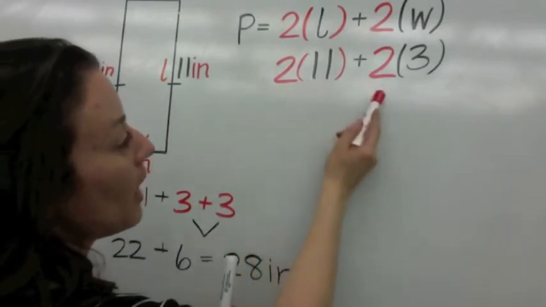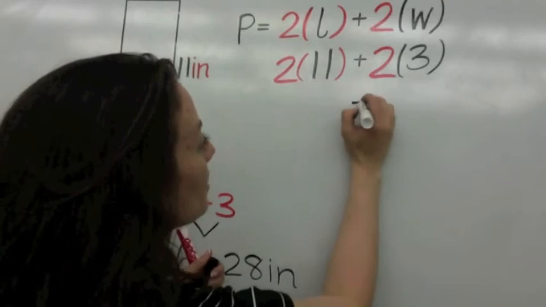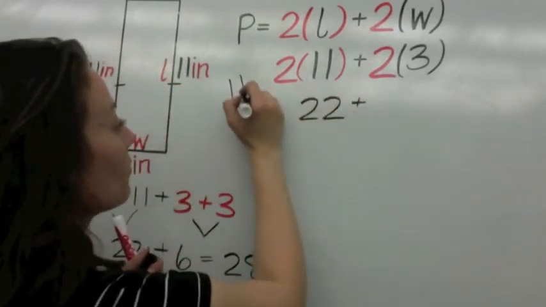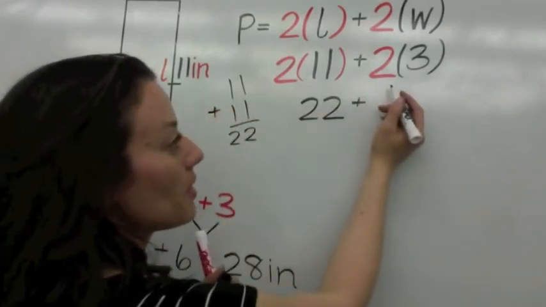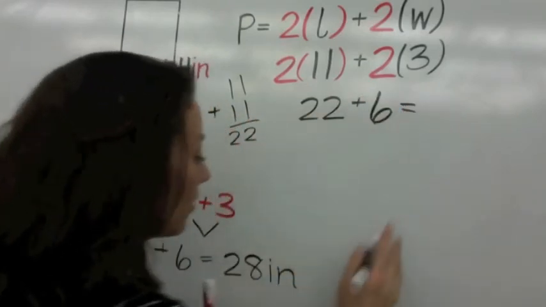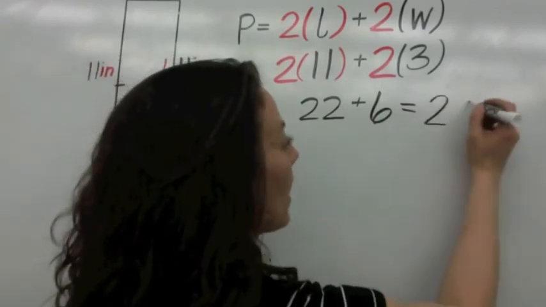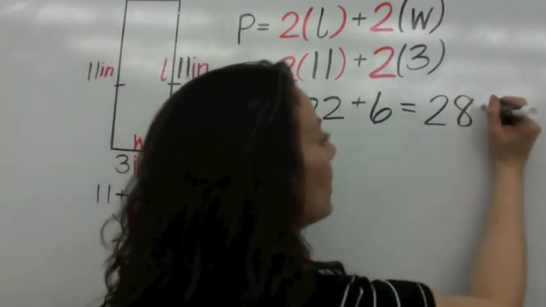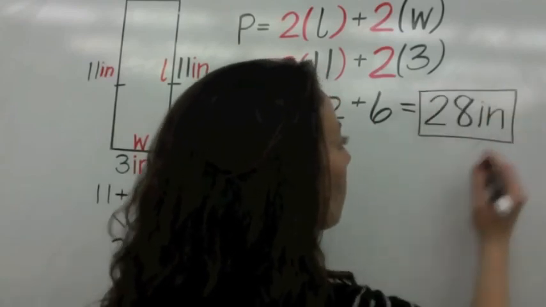First you have to multiply before you add, order of operations. 2 times 11 is 22, and 2 times 3 is 6. Remember, 22 plus 6 is 28. But don't forget your measurement. You're measuring in inches. Great. Go ahead and get that down.